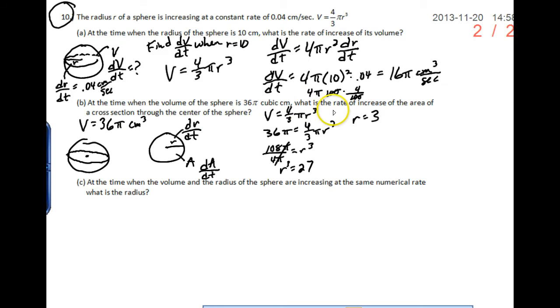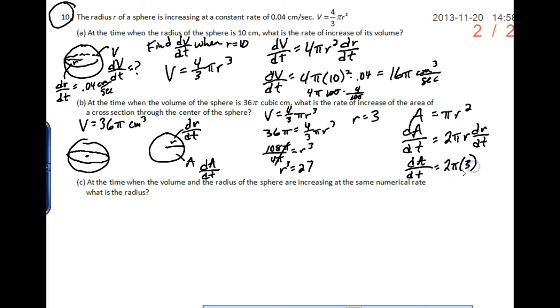Now, it says what is the rate of increase of the area? So now we think we have a circle. So area of a circle is pi r squared. So dA/dt would be 2 pi r dr/dt. So now dA/dt is what we want to know. So dA/dt equals 2 pi r, which we just figured out was 3.